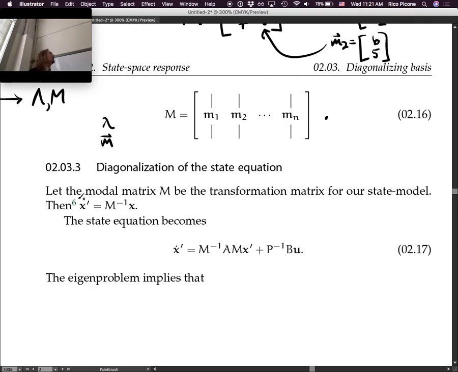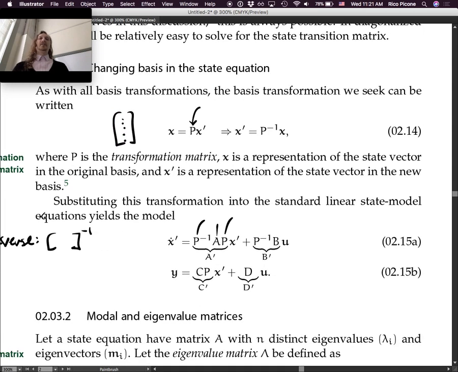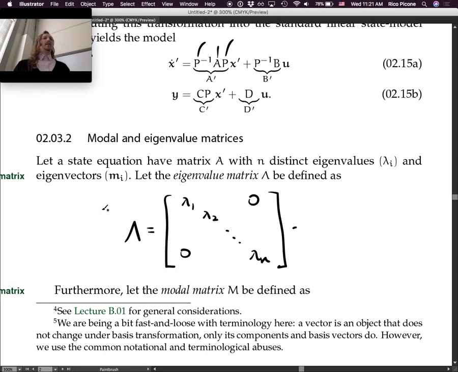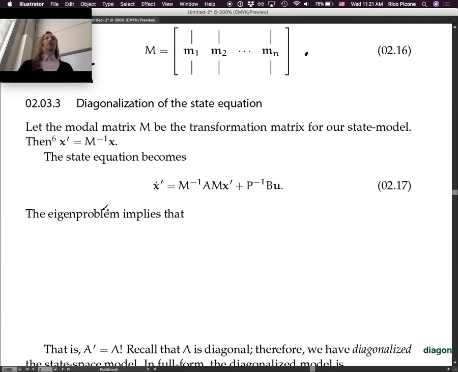So now we've got a couple pieces. So what have we done so far? We learned how to change the basis of a state space model, right? The state equation and the output equation. We learned what the modal and eigenvalue matrices are, okay? And now we're going to put those two things together, and you guessed it, we're going to let the modal matrix M be the transformation matrix for our state model.